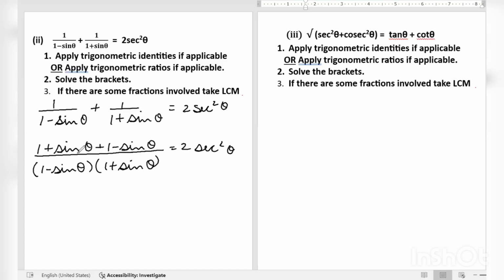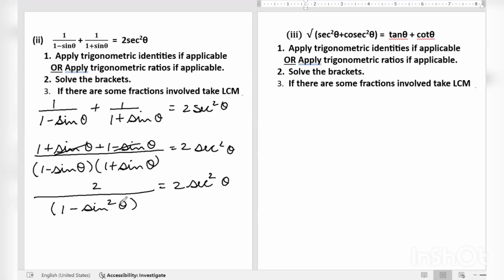Now this plus sin theta and minus sin theta cancel out, so we have 2 in the numerator, and in the denominator (a minus b) and (a plus b), so it becomes a square minus b square. So we will have 1 minus sin square theta, and RHS is same.